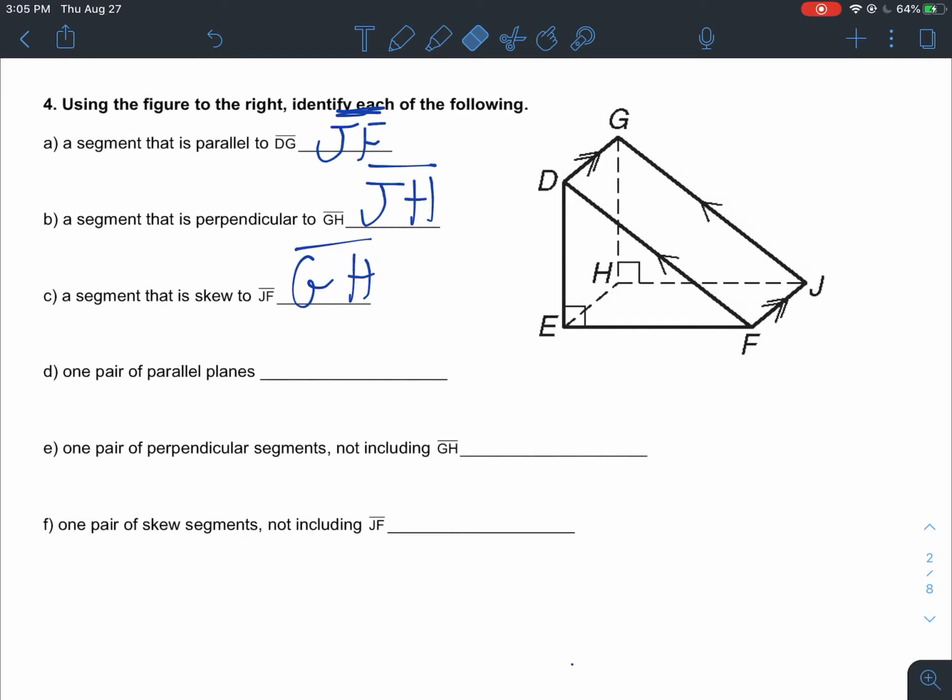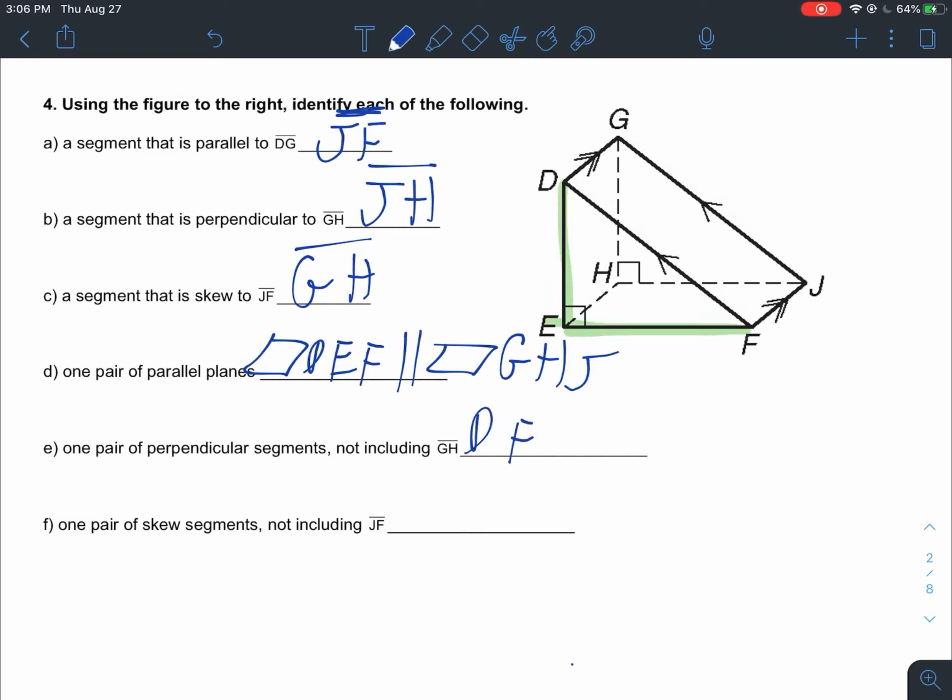One pair of parallel planes. That would be the front triangle and the back triangle. So we'll say plane DEF is parallel to plane GHJ. One pair of perpendicular segments. So look for the perpendicular symbol. It's right here.